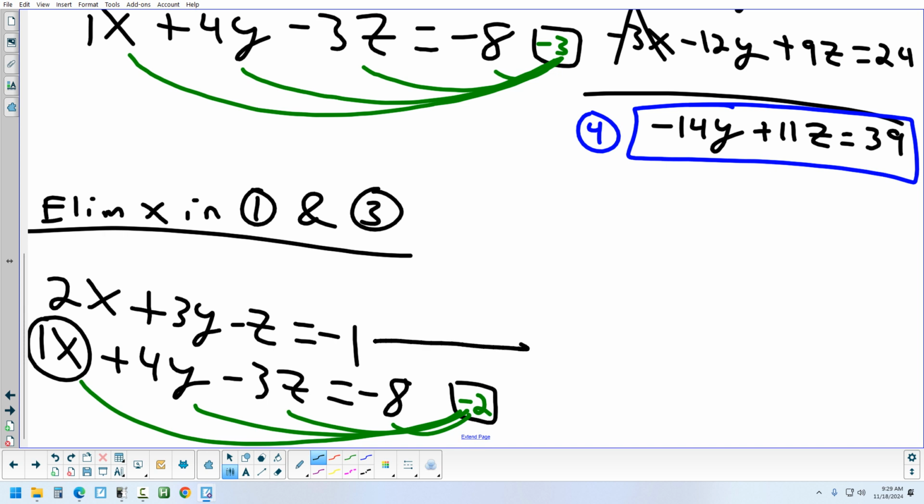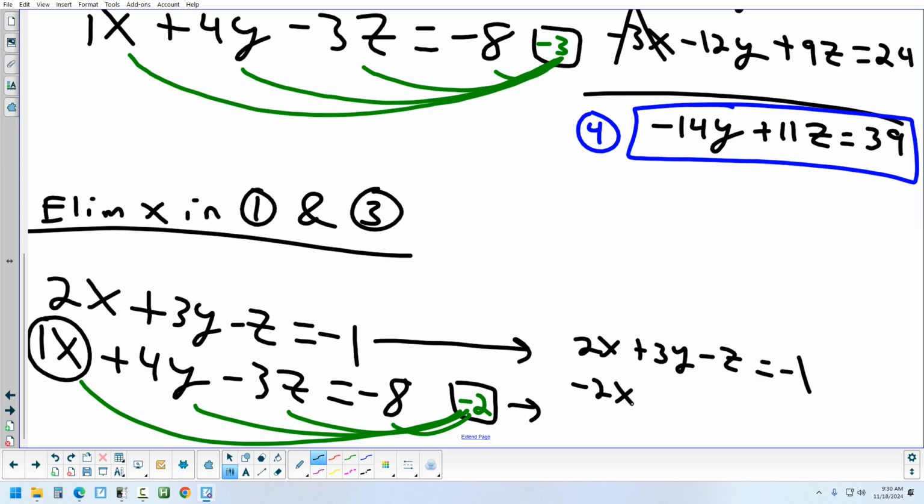And what about in the top equation? Stays exactly the same. 2x plus 3y. Just copy over the top one. And bottom one, what's 1x times -2? -2x.